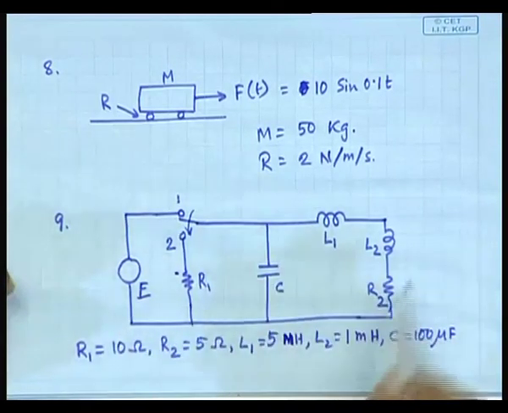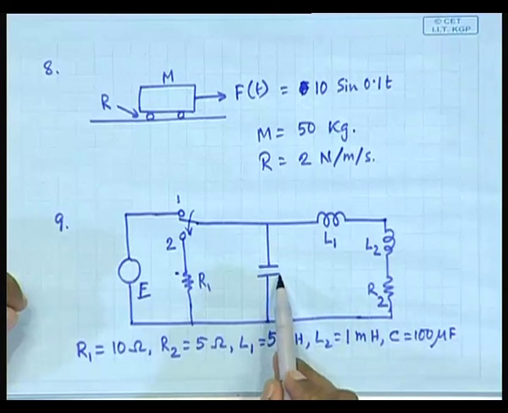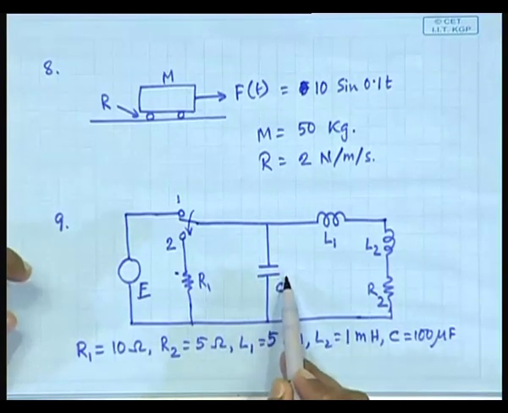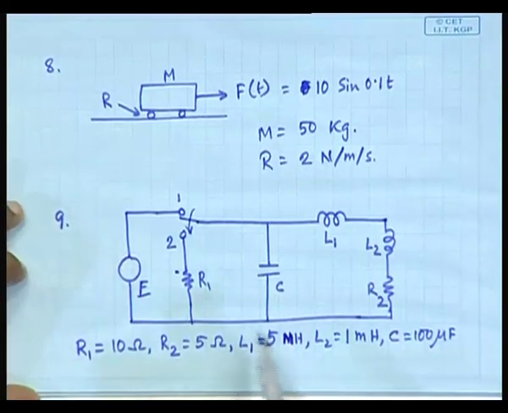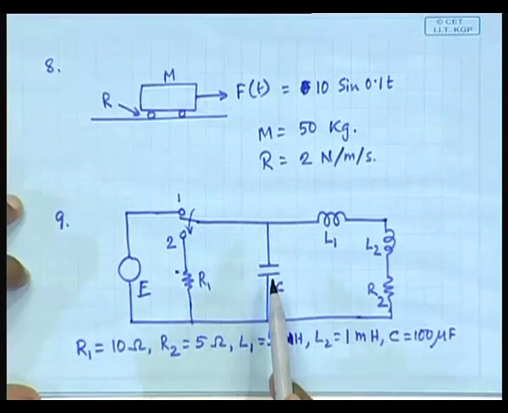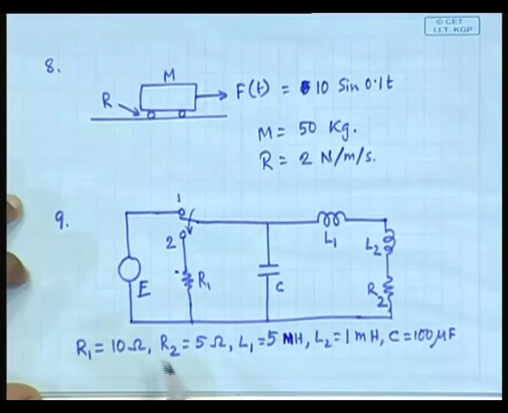You will have to obtain the waveform for the current and the voltage across the capacitor after 0.1 second. Write it, there is no space to write, so I am not writing. So, after 0.1 second, what will be the voltage across the capacitor?